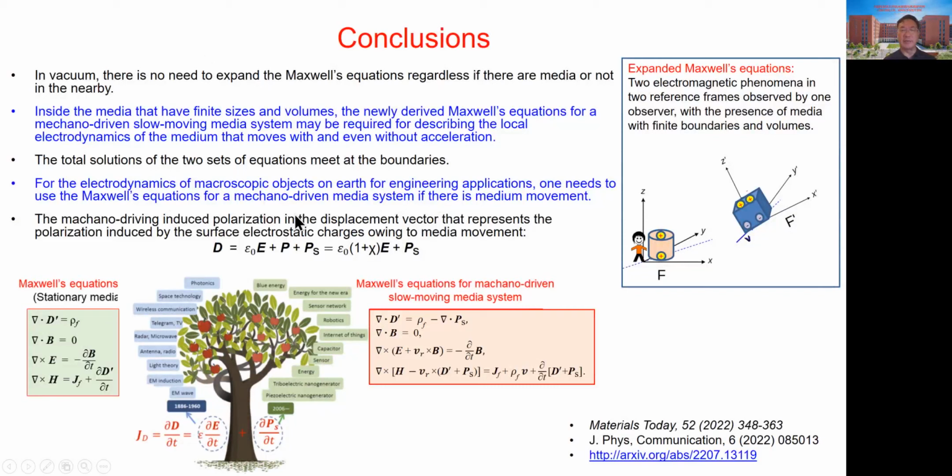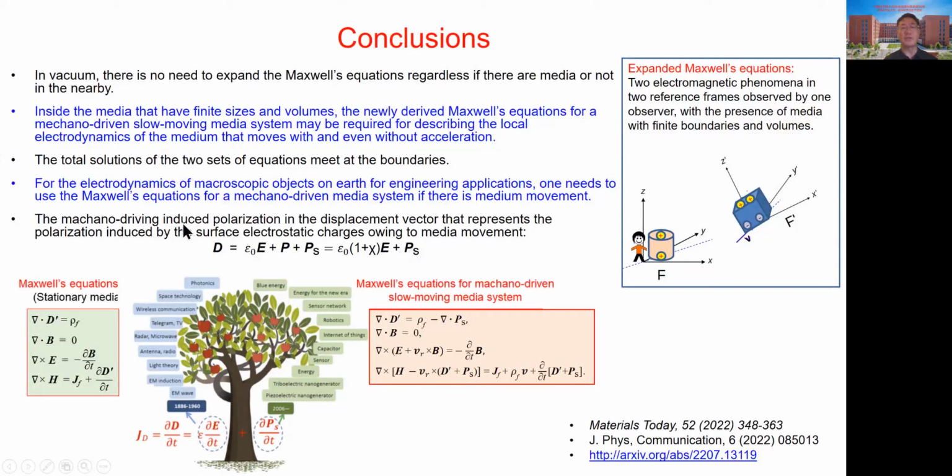We believe the Maxwell equation should be expanded. And if expanded, what else can be affected? I don't know. You can consider case by case. We work for engineering purposes here. We are not on field theory. As long as the problem is on Earth, that's what we do. But in a vacuum, you can use the standard Maxwell equation. You don't have to worry about a change of shape or revision or expansion.